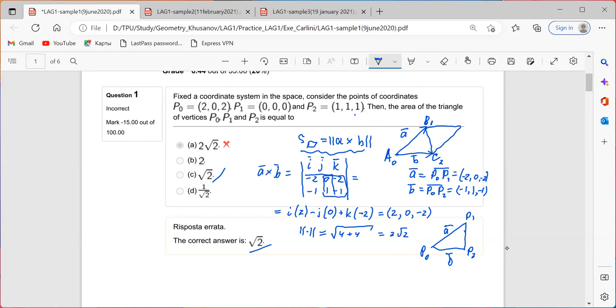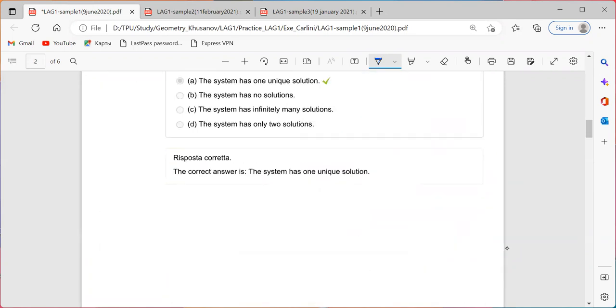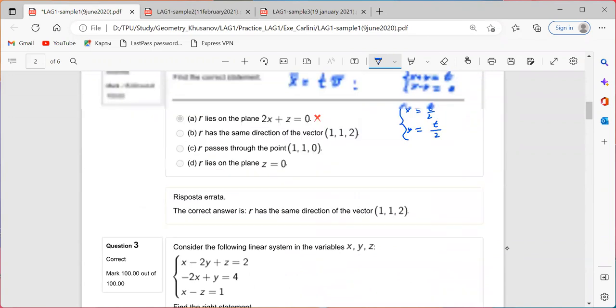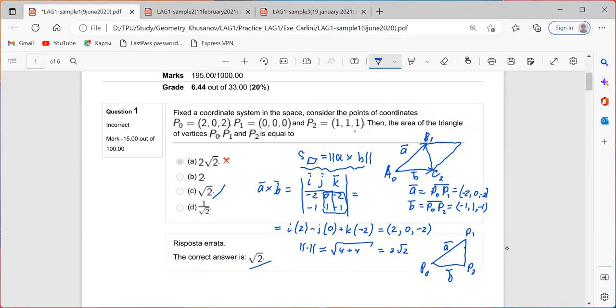How can we construct vector A? Vector A is just a vector which connects P0 and P1. The coordinates of vector A are computed in the following way. We consider the first component of P1 and subtract the first component of P0. So from 0 we subtract 2, and it will be minus 2.